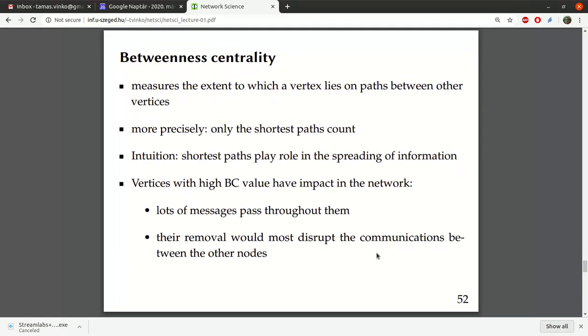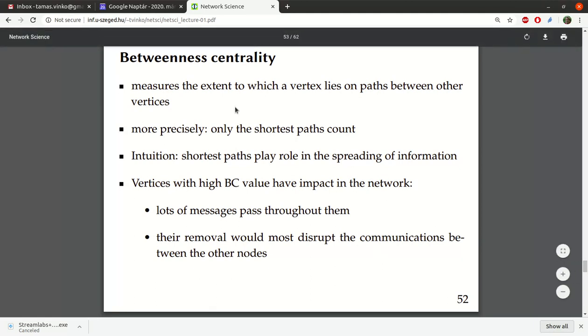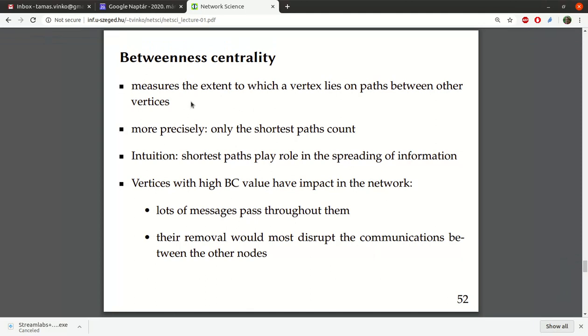Now the other metric is called betweenness centrality, which is somehow one of my favorites. So basically the concept is that again we are considering shortest paths, and then we are counting how many times a node participates, or basically lies on a path between two other vertices.